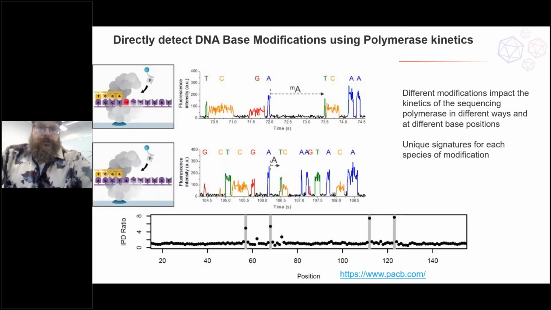So, as I alluded to on the very convoluted third slide, we have this ability to look at modifications of bases. The older way of looking at it is the interpulse distance.